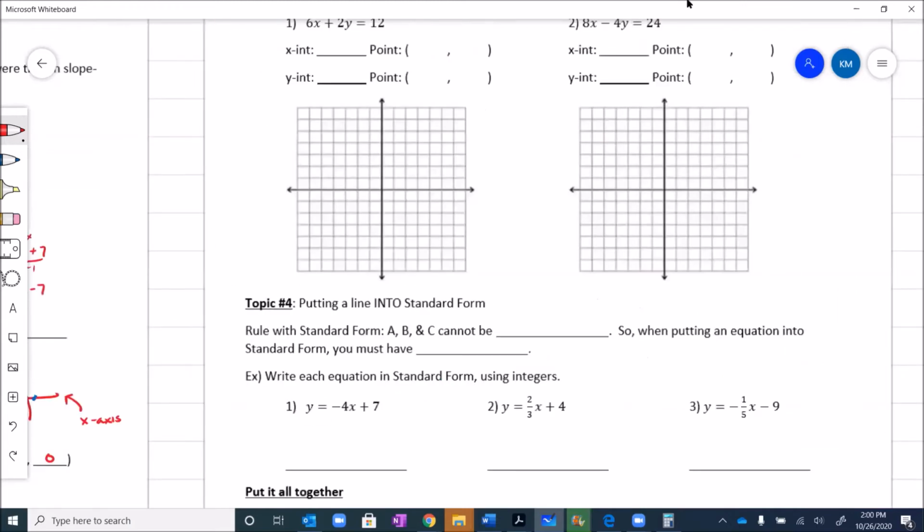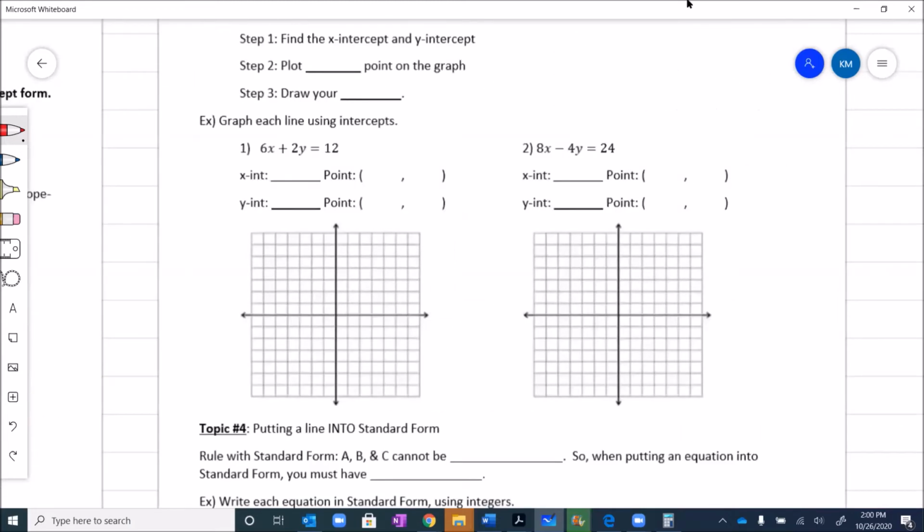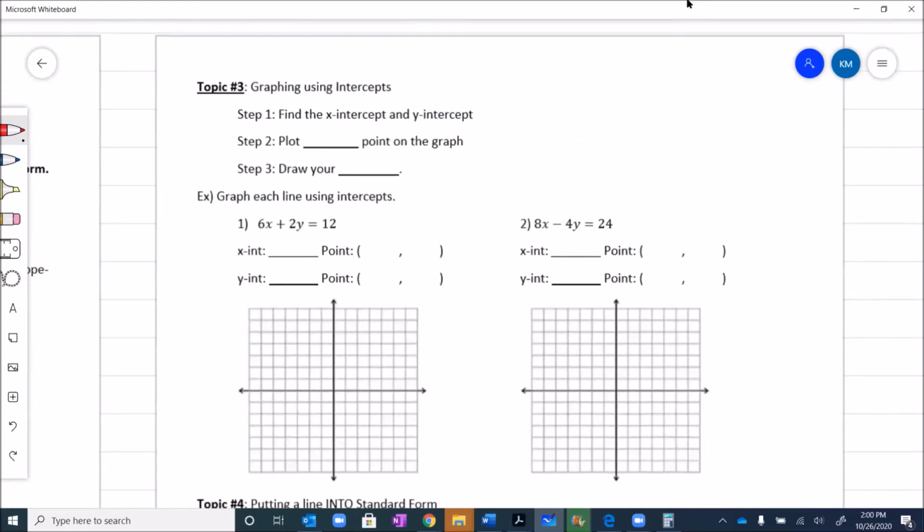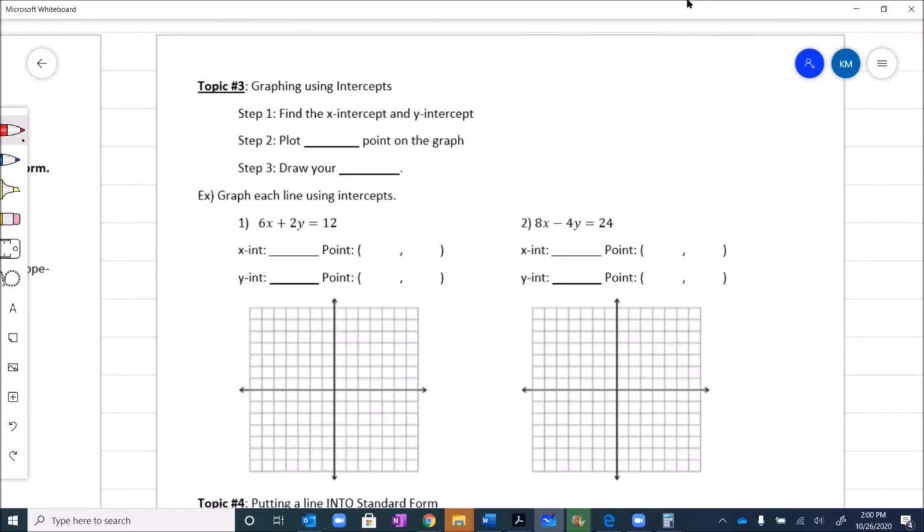Okay, we can use that information and graph in standard form a little differently than we do in slope-intercept form as well. When we graph in standard form, our process is going to be to find the x-intercept and the y-intercept, plot both points in the graph, and then draw your line. And that's it. So as we look at this, I get 6x plus 2y equals 12.